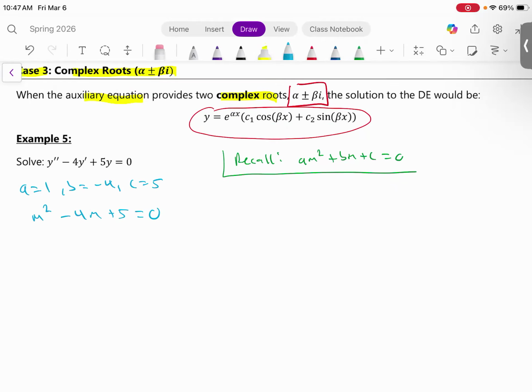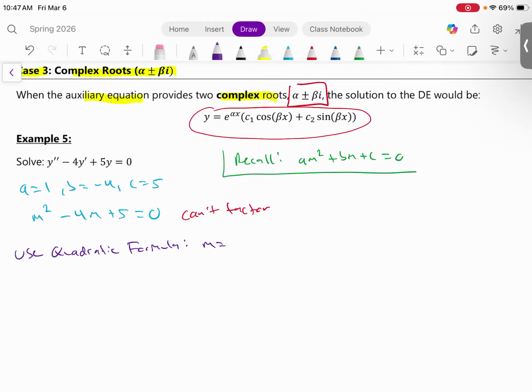And so you would think to yourself, what does this factor into? Clearly it doesn't factor cleanly off the top of our head with any techniques that we use. So this can't factor. Maybe it's a square root, maybe it's something we don't know yet. So our intuition here is to use the quadratic formula to find roots.